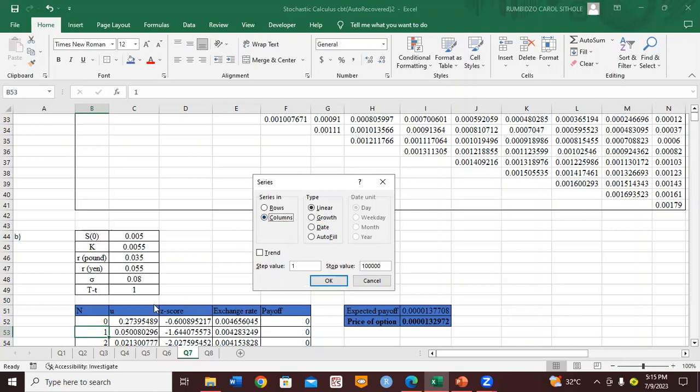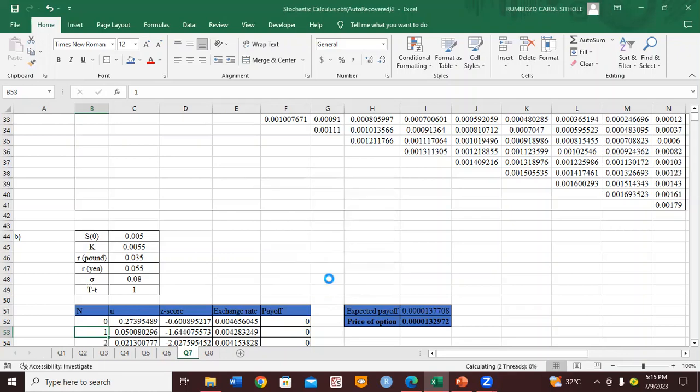If you put the rows, it will count sideways. So since we want it to be downwards, you click OK, and then it will do the whole calculation for you, right? And then we'll move on to calculate our U.